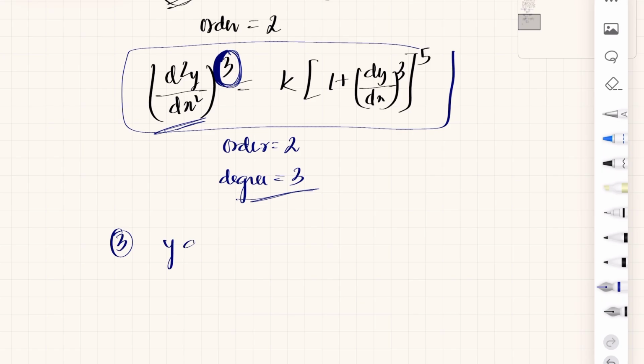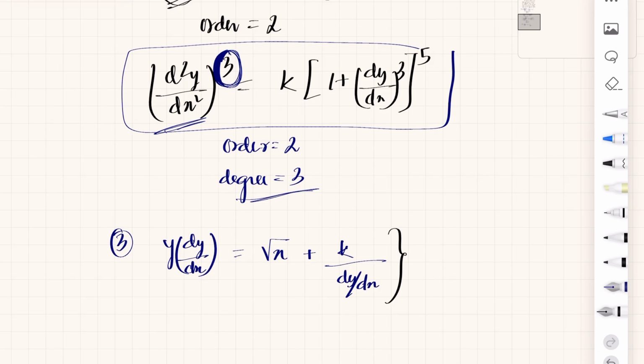Okay, so let's see another example. y dy by dx equals x plus k dy by dx. What about this? How to find out? Here also, these are not in the radical form, but this one is in the what? Fractional form.